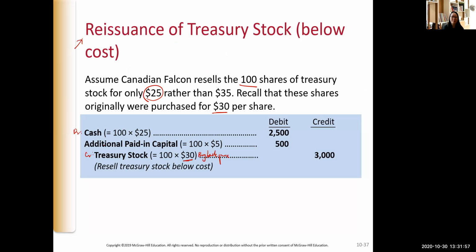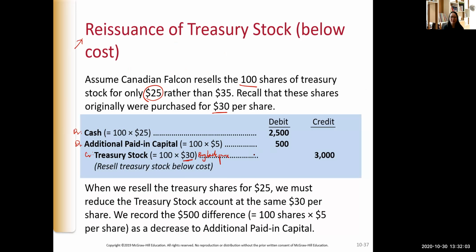The difference we debit to additional paid-in capital, which reduces paid-in capital. In other words, when we resell the treasury stock at $25, we must reduce the treasury stock account at the same $30 per share as when it was purchased, and then we record the $500 difference by decreasing additional paid-in capital.